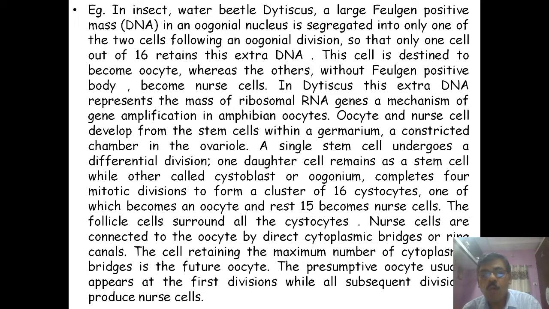Oocyte and nurse cell develop from the same cell within a germarium, a constricted chamber in the ovariole. A single stem cell undergoes a differential division.